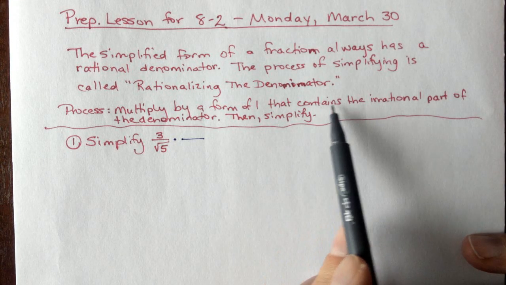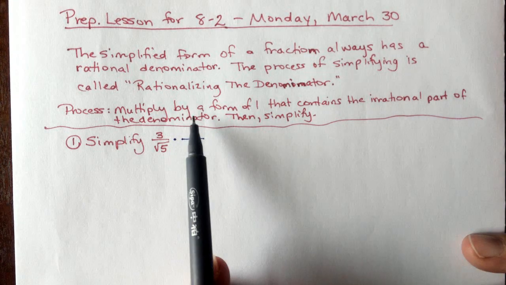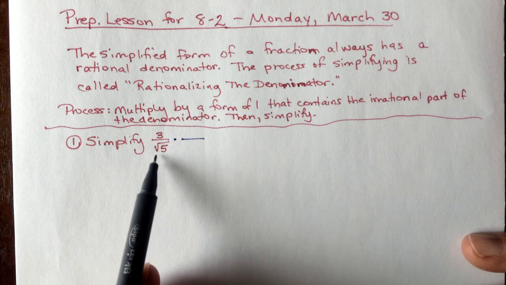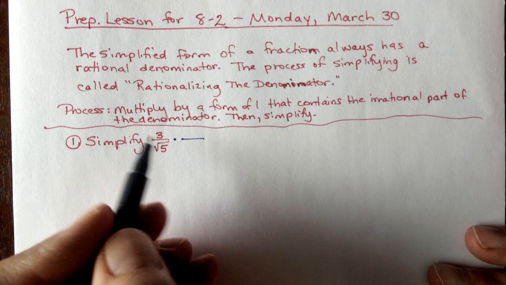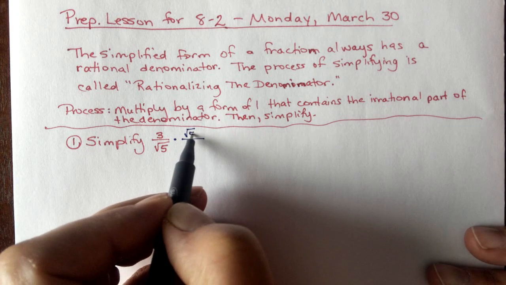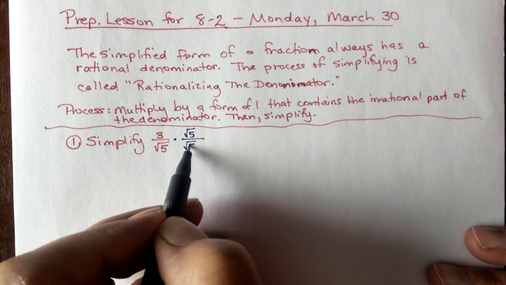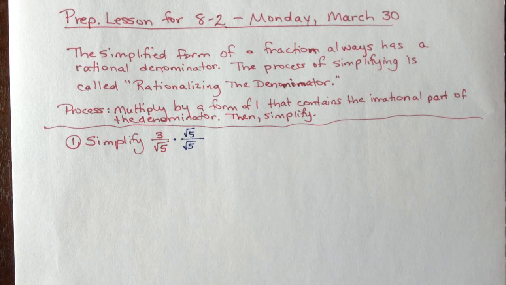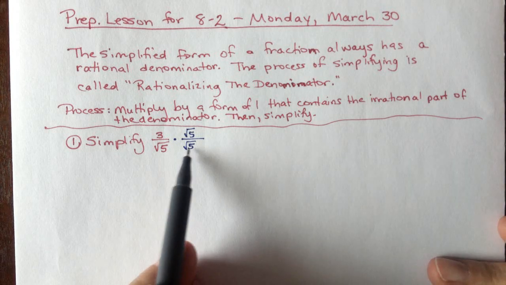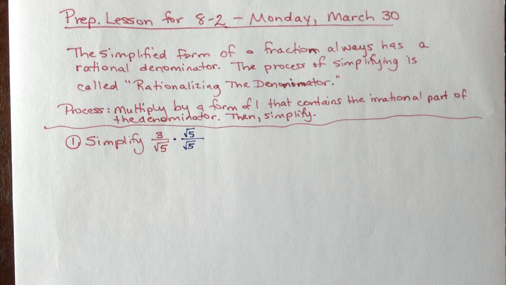And it needs to contain the irrational part of the denominator. Well, the denominator has a radical 5 in it, and that is irrational, which means I need a form of 1 that contains a square root of 5. The simplest form of 1 that contains a square root of 5 is square root of 5 over square root of 5. So you multiply by something over itself, it's always going to be the radical that was originally in your denominator.